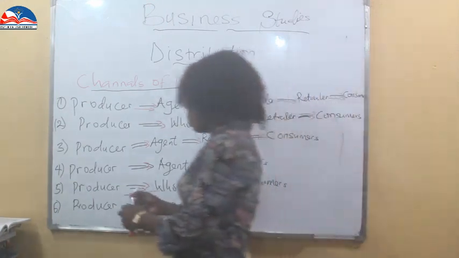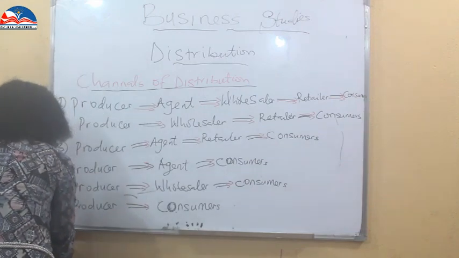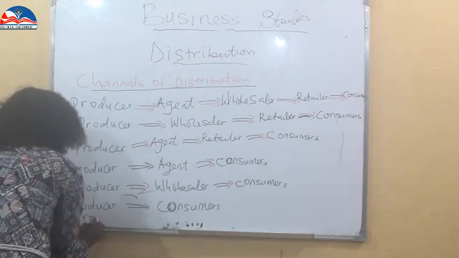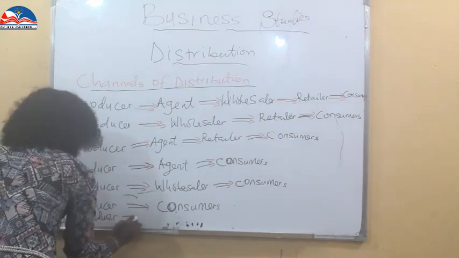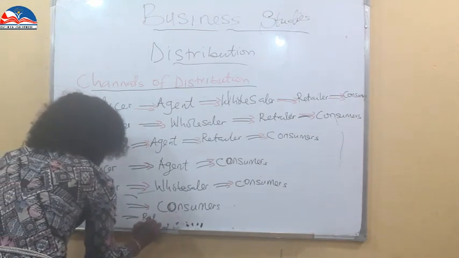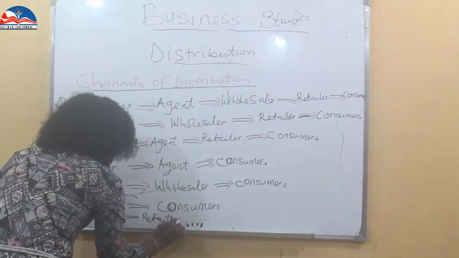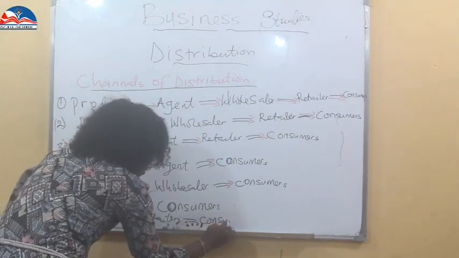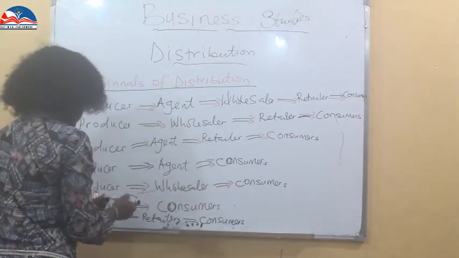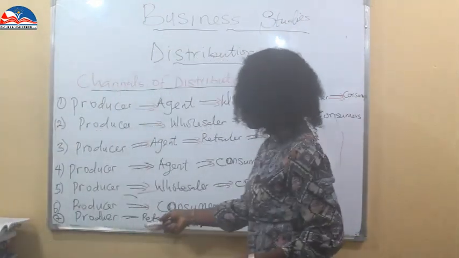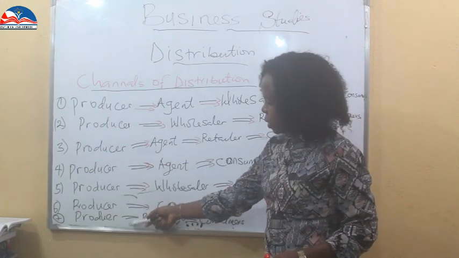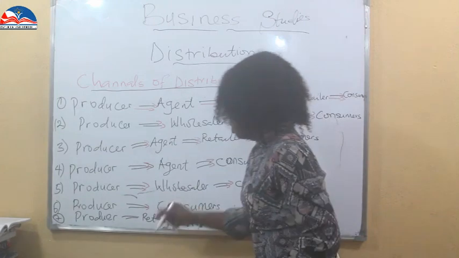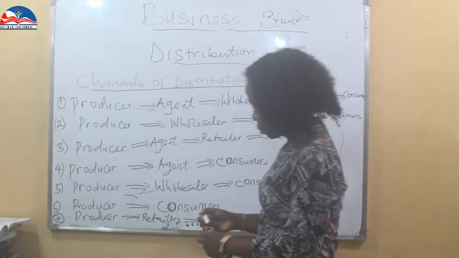I omitted one of the channels. I'll take that as number 7. It's supposed to come at number 6, which will be producer to retailers and then to consumers. This number 6 was supposed to be the 7th one, but I omitted it here, so I put it down there. Take notes while doing that.